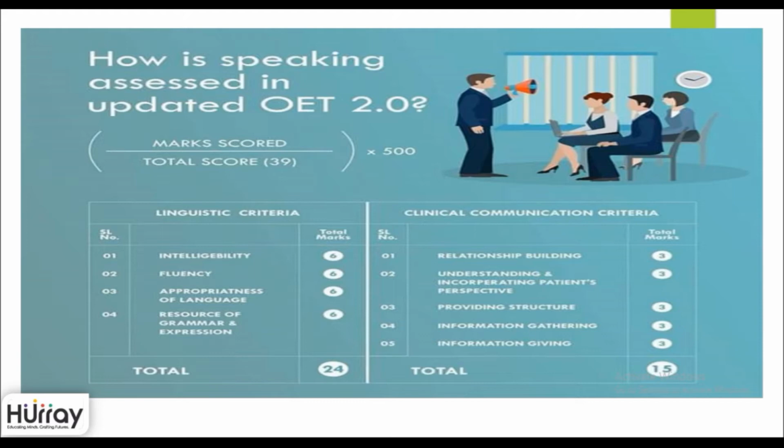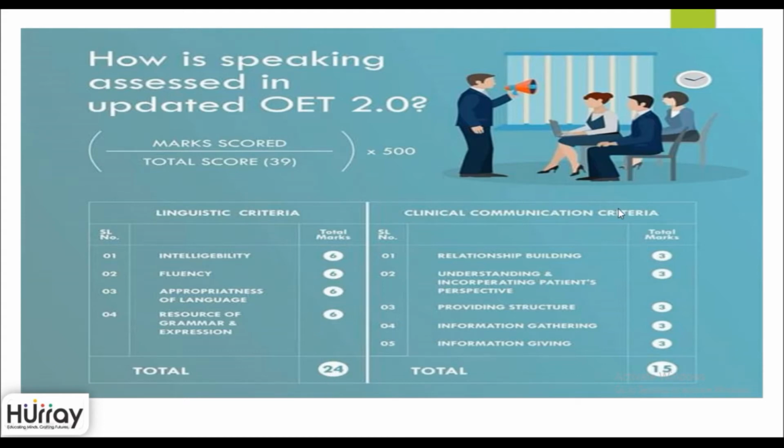And finally, resource of grammar and expression, which include all the important components of grammar, like sentence construction, proper usage of articles, tenses, proper words and phrases, etc. This is a total of 24 marks. For each criteria, you get 6 marks.